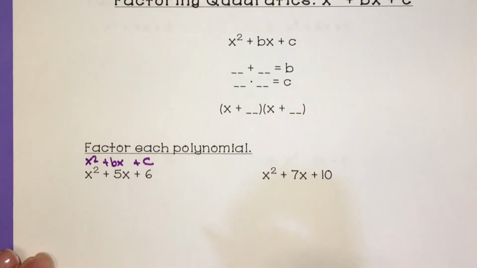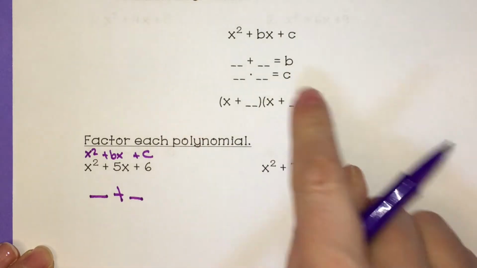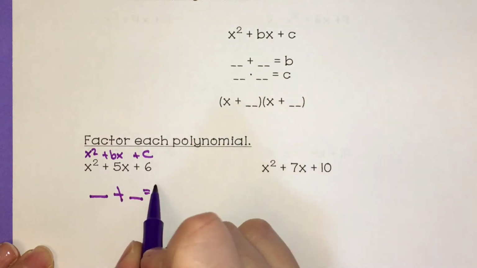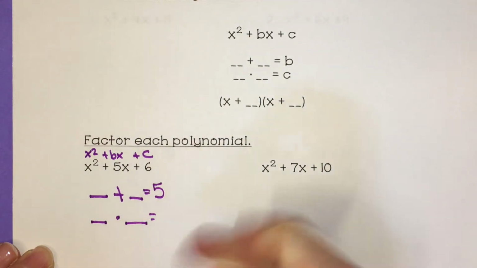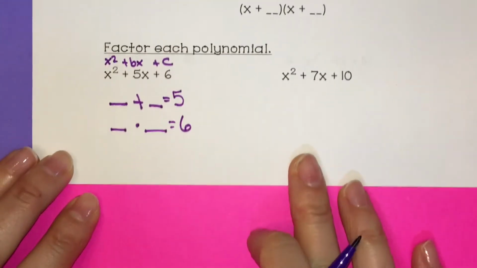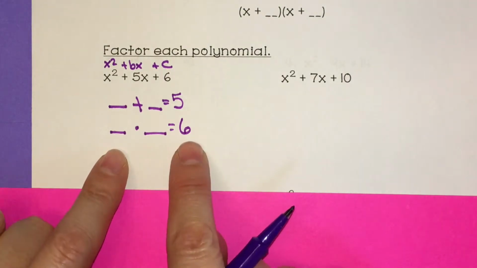So we have to figure out what two numbers we can add together to equal our b value, which I said is 5. And the same two numbers we multiply together to equal the c value, which is 6. Okay, so the easiest thing to do is, well, I'm going to look at factors of 6.